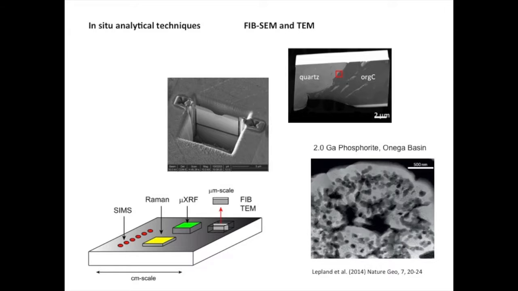Then you can zoom in at extremely high resolution and study on a nanoscale potential traces of life. This is a study by Lapland et al. we published last year. This is an apatite crystal from the oldest phosphorite on Earth, 2 billion years old, and inside the crystal we see all kinds of little circular structures that are interpreted as being remnants of methanogenic microorganisms.